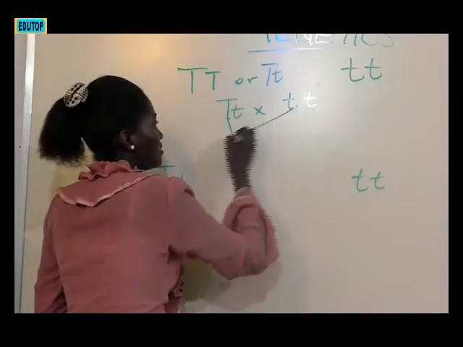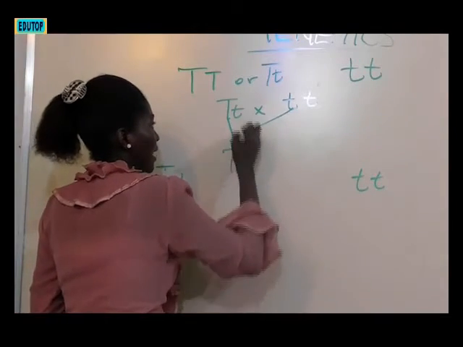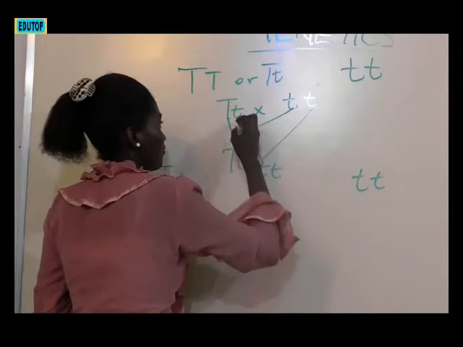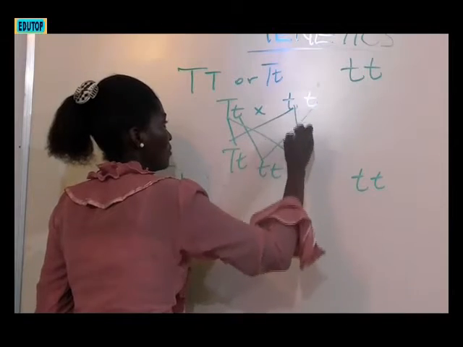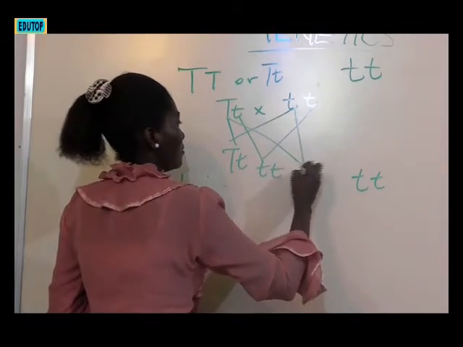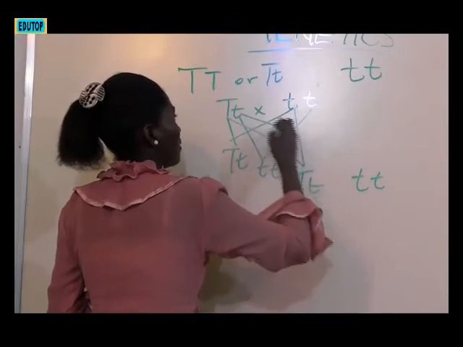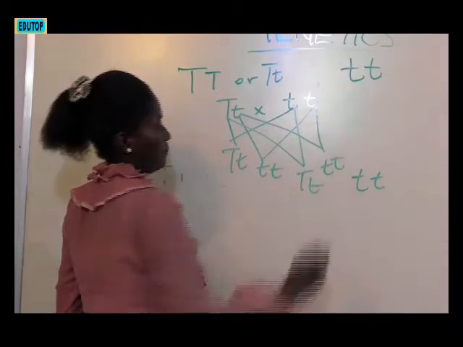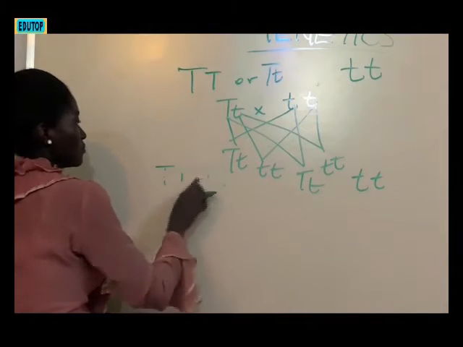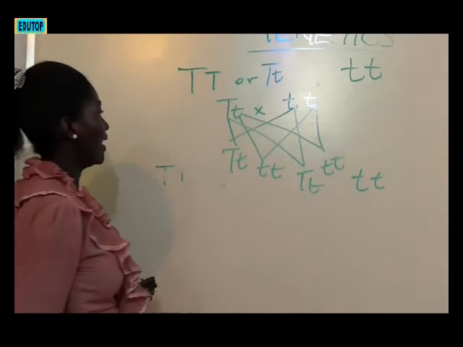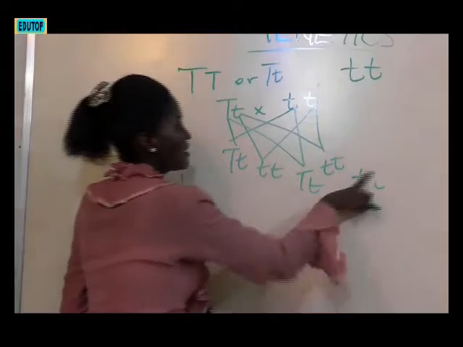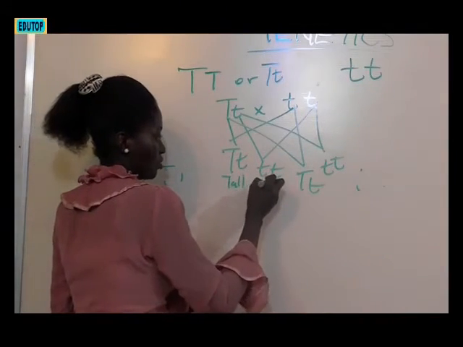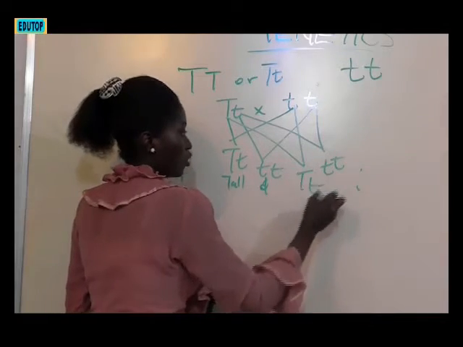So let's see if this is going to give us capital T and small t. Like this one, dwarf. So looking at this now, this is a tall plant, this is short, dwarf, tall, dwarf.